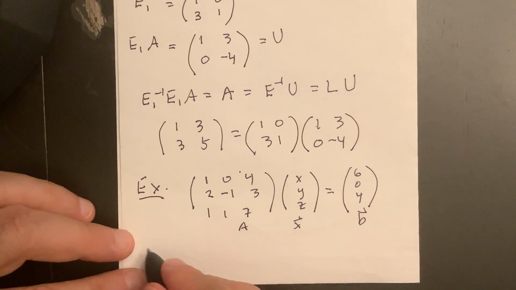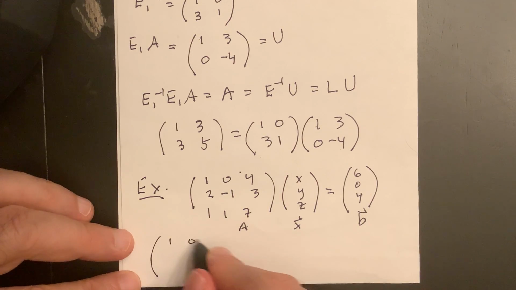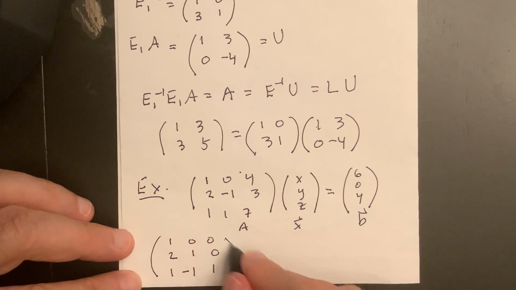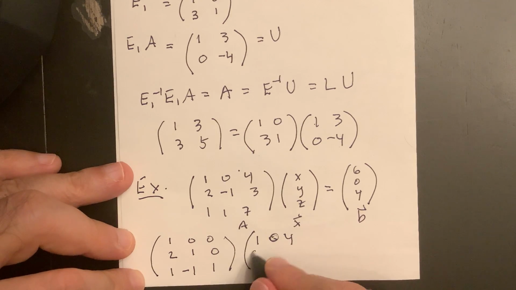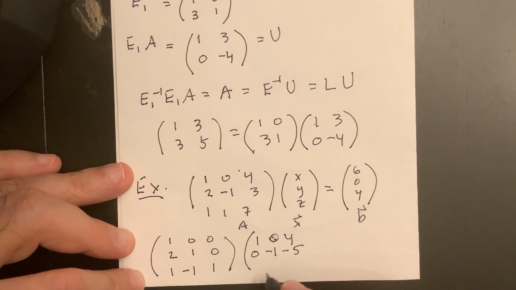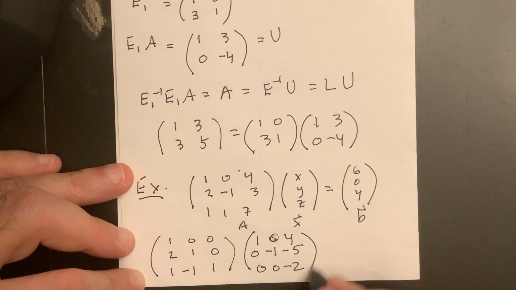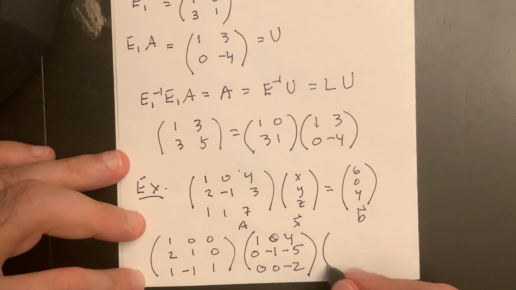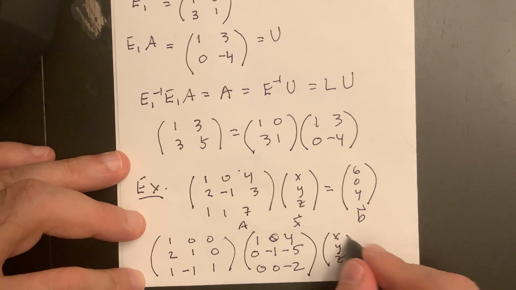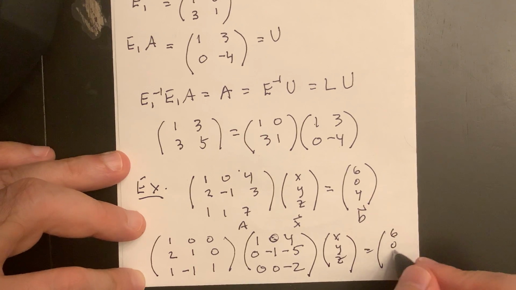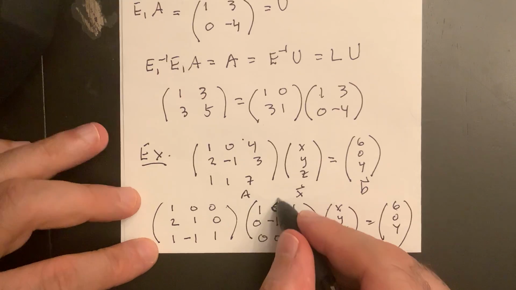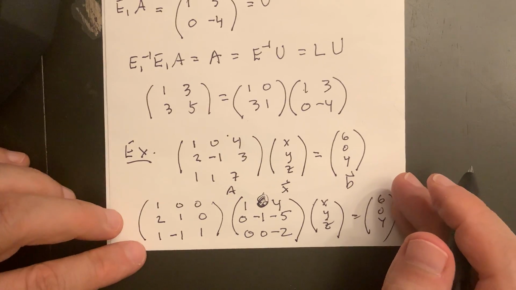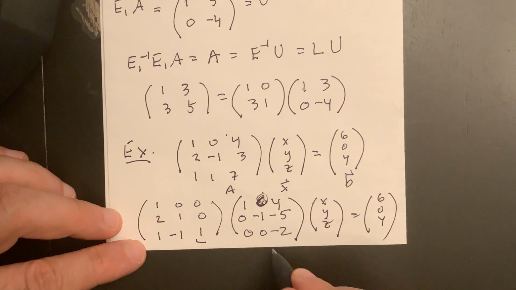So we found that A was equal to 1, 0, 0, 2, 1, 0, okay, so this is A. All right, this is a 0. Now, this is L, U.